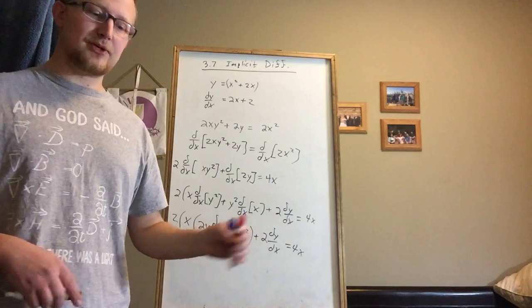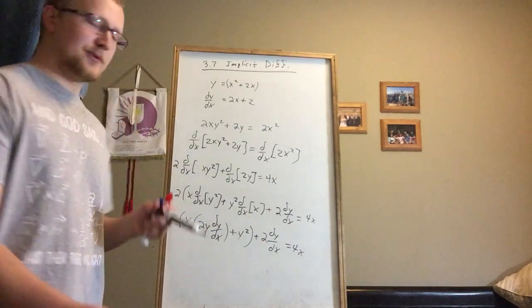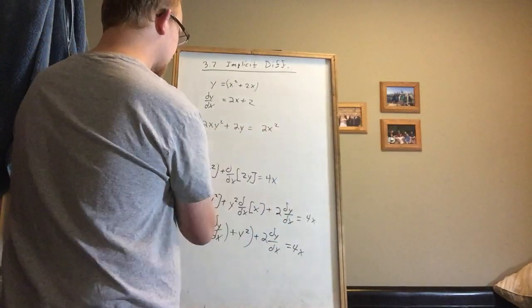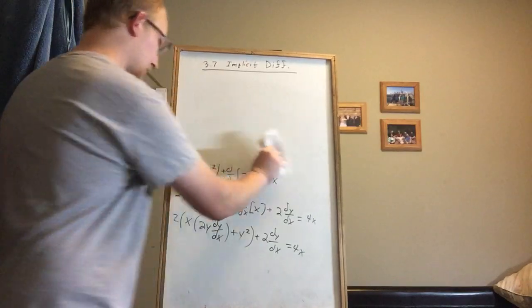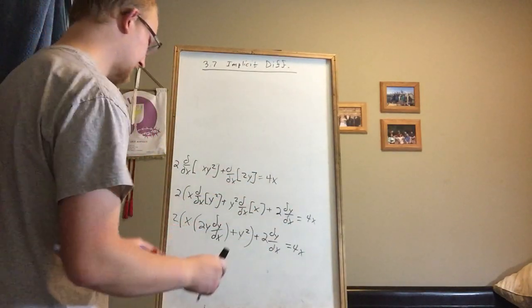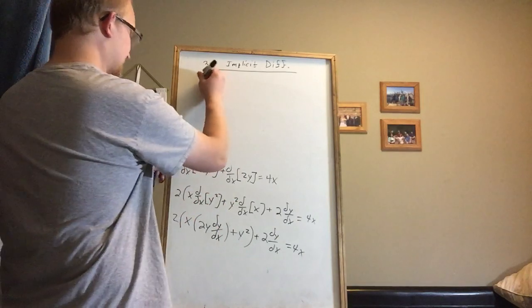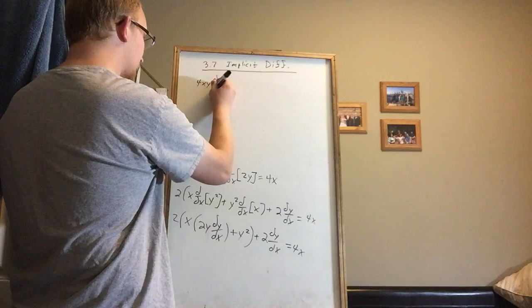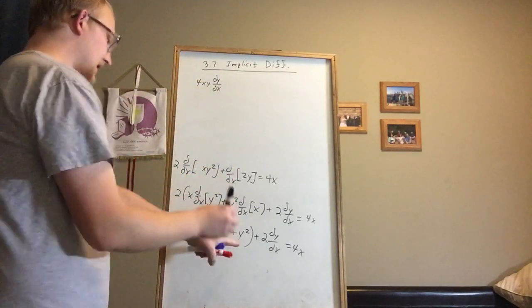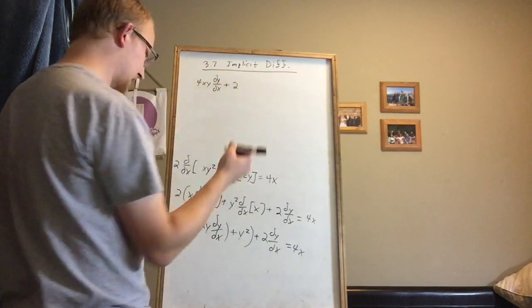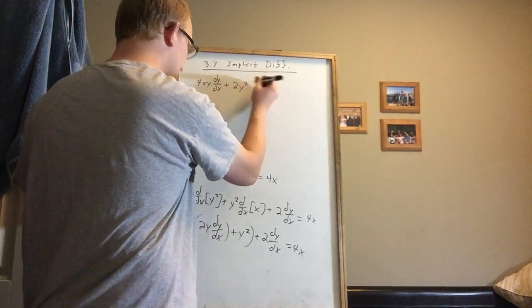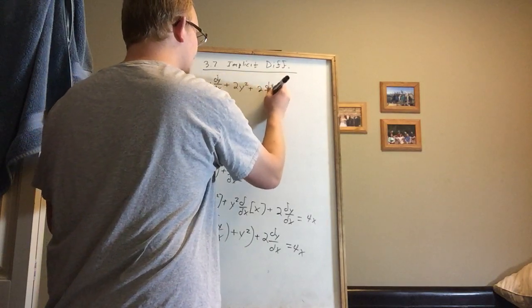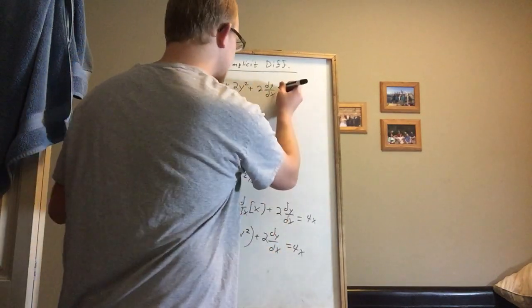Alright, so that's the first part of implicit differentiation where we get all the derivatives taken. Now we're trying to solve algebraically for dy dx, because we're really interested in the derivative of y with respect to x. So down here we'll multiply the 2 into the 2, that's 4xy dy dx, plus 2 times y squared, plus 2 dy dx, right here, equals 4x.